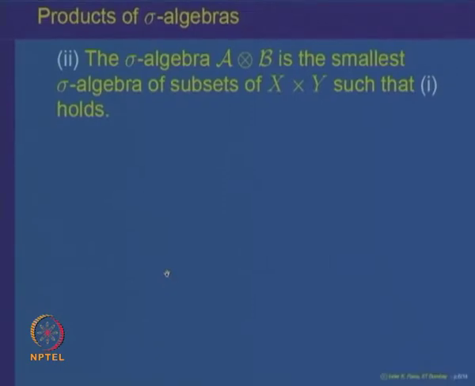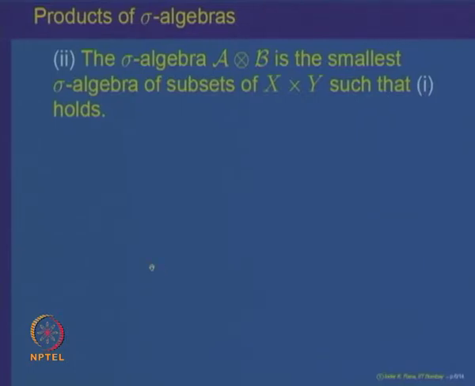What we want to show actually is that A cross B on x cross y is the smallest sigma algebra of subsets of x cross y such that P x and P y are both measurable.